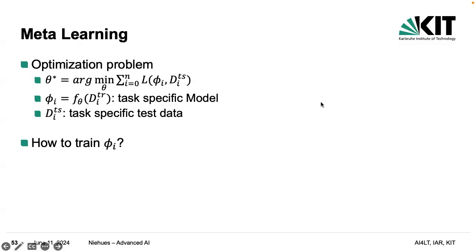And your final model here is built by a function based on your initial parameters and the training data. So you take your initial parameters, then you have a model which depends on your training data, which gives you the task-specific model. And then you look at how good this task-specific model is on its test data. So that is a loss function.